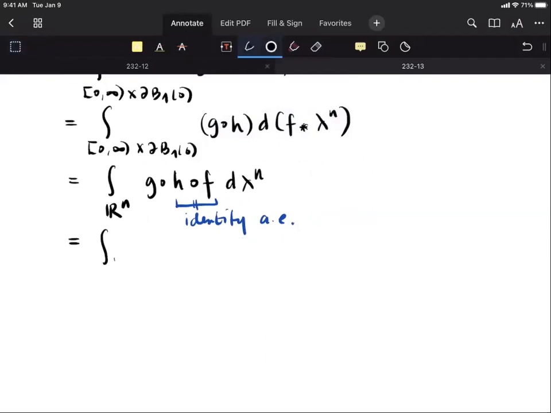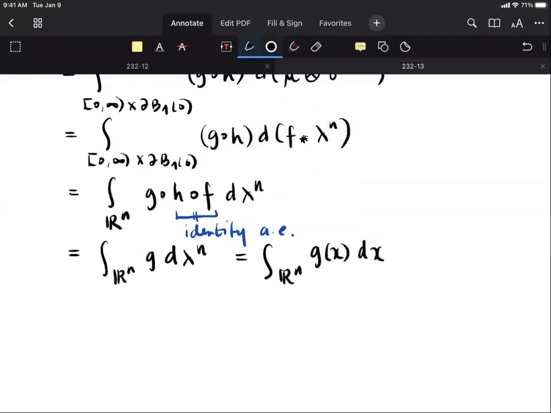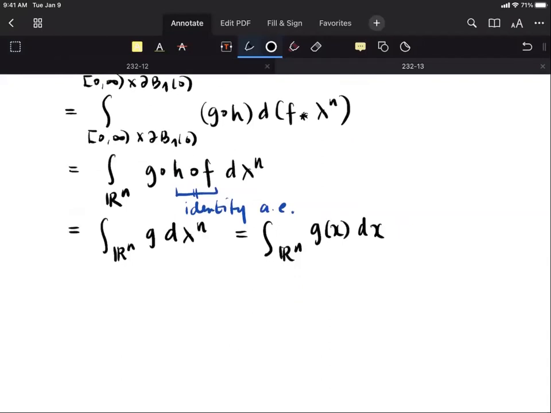That is the identity. Then you have G d lambda n. And of course, if you want to emphasize the variable of integration, and then ignore lambda n, you have this formula.